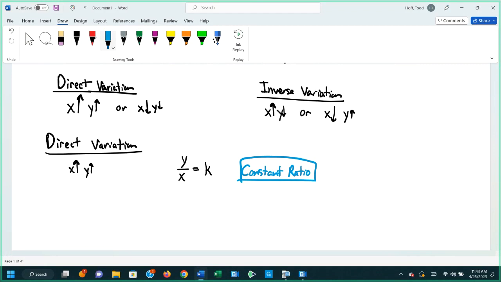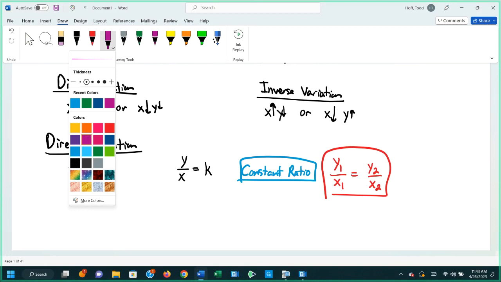Because of that, one of the ways we can calculate with direct variation, if I'm looking at a y1, x1, y2, x2 type of situation, is that the ratio of y1 to x1 has to equal the ratio of y2 to x2. So any of our proportions that we set up are actually illustrating a direct variation situation.